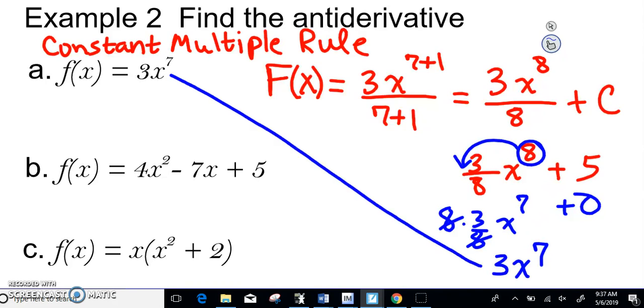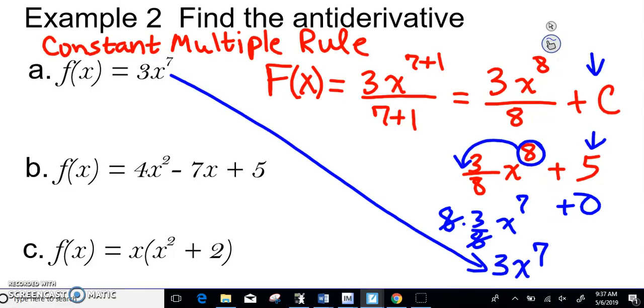Now, because we don't know what that constant is back here, because this number could have been 10, 20, 15, 7, or 5 like we had it, we do a plus C on the back of it to account for that constant that was originally there.